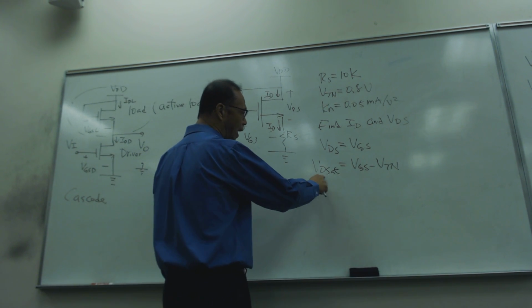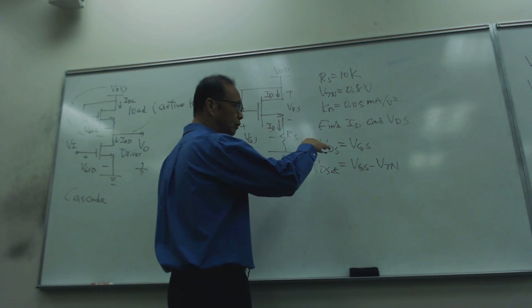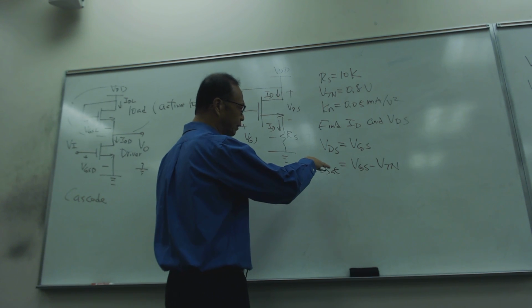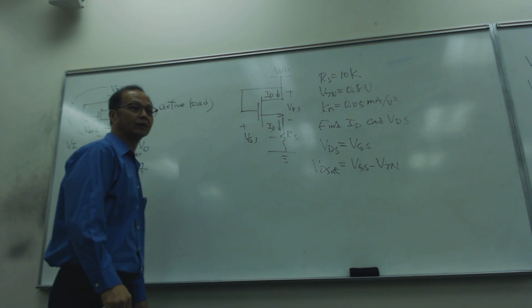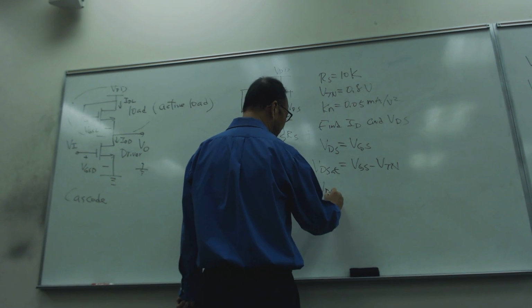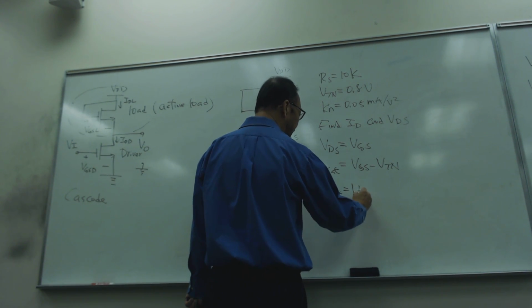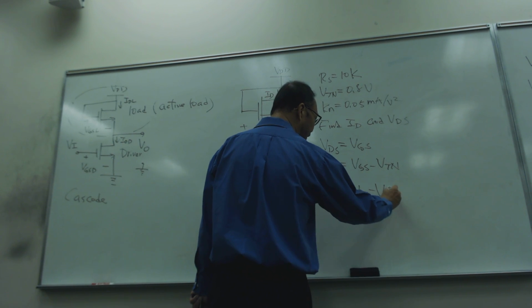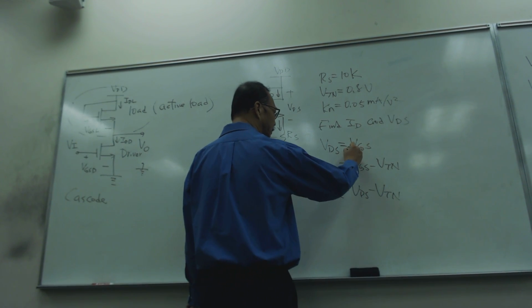This is the voltage that can cause the MOSFET to saturate. Then put this here, VDSAT equals VDS minus VTN.